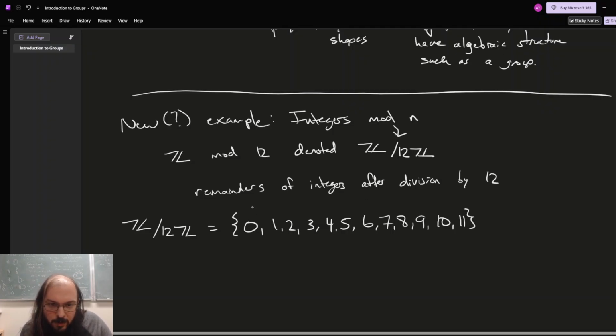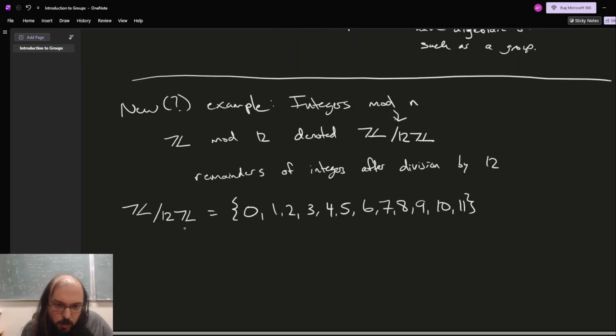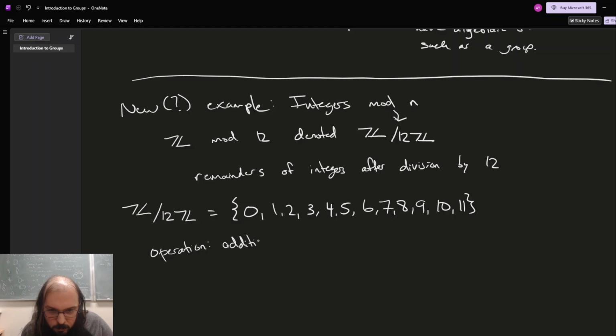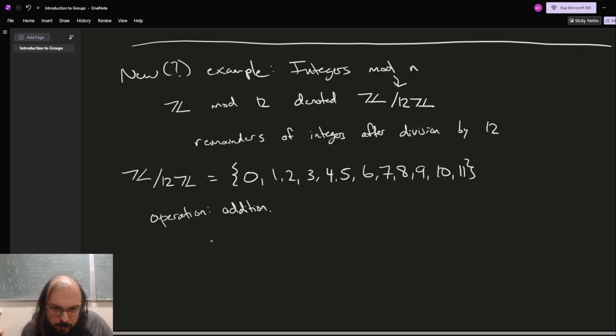And now in order to make this into a group, we have to endow it with an operation. We'll pick addition. And the rule is to add numbers in this set, we add them like normal, when possible.